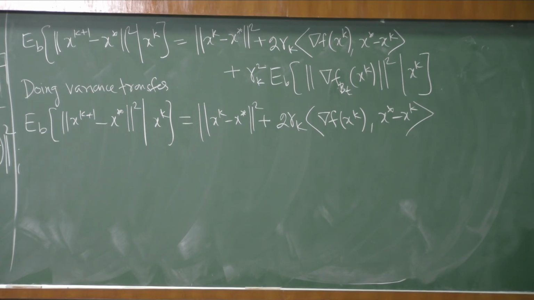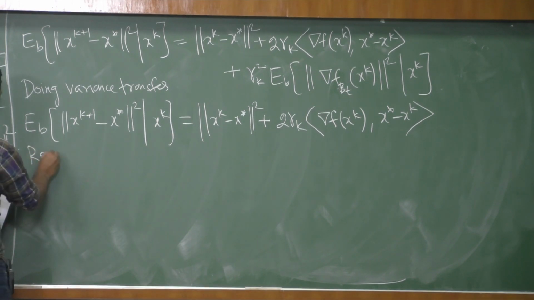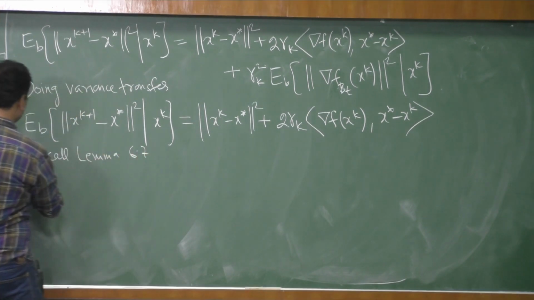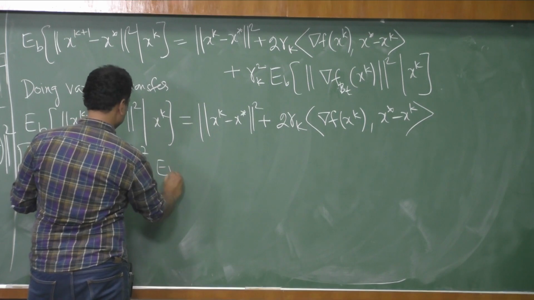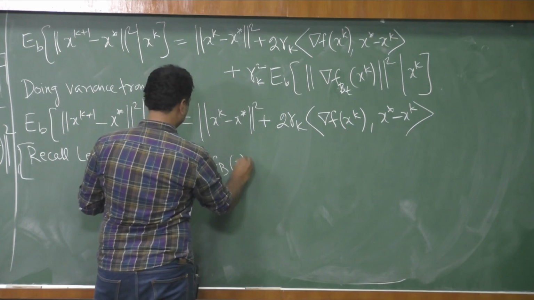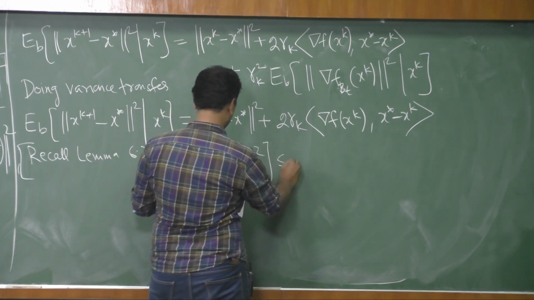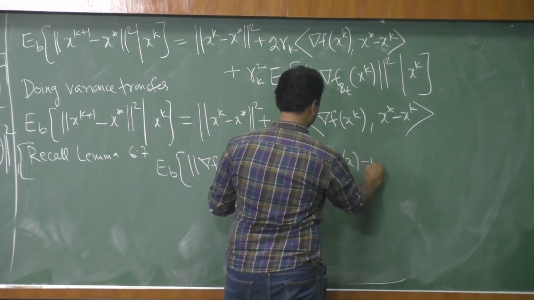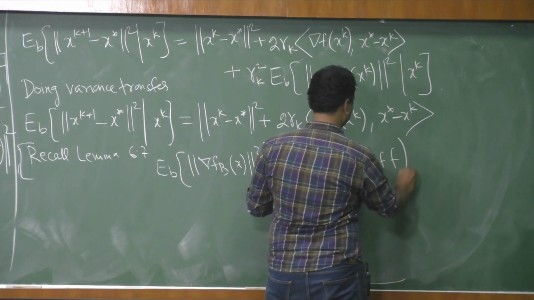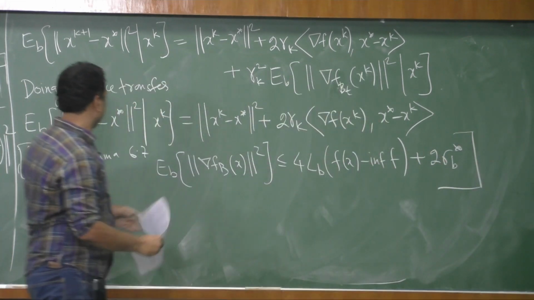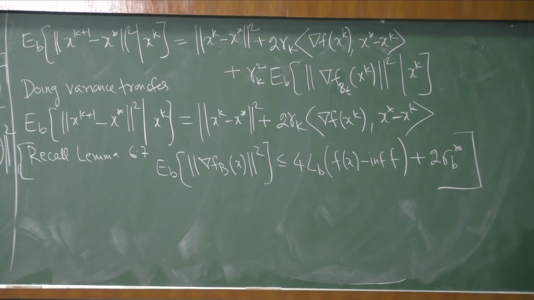So recall Lemma 6.7. This was the variance transfer that said E_B of the norm of grad f_B(x) squared is less than or equal to 4 L_B times (f(x) minus infimum of f) plus 2 sigma star B. We recall this variance transfer in the mini-batch case.